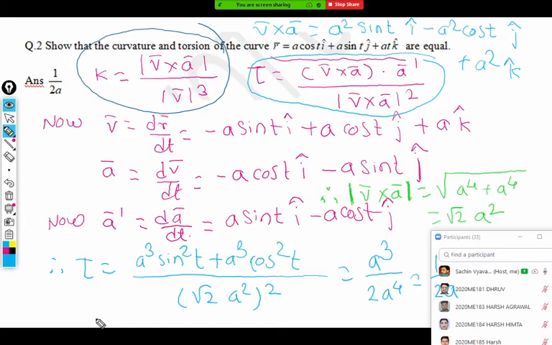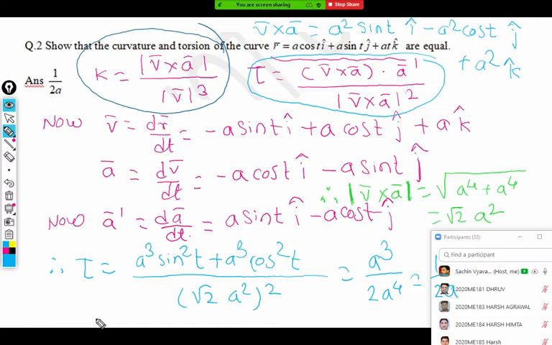Any doubt here? Is there any doubt? No. So thus we've shown that the curvature and torsion are equal for the spiral curve.